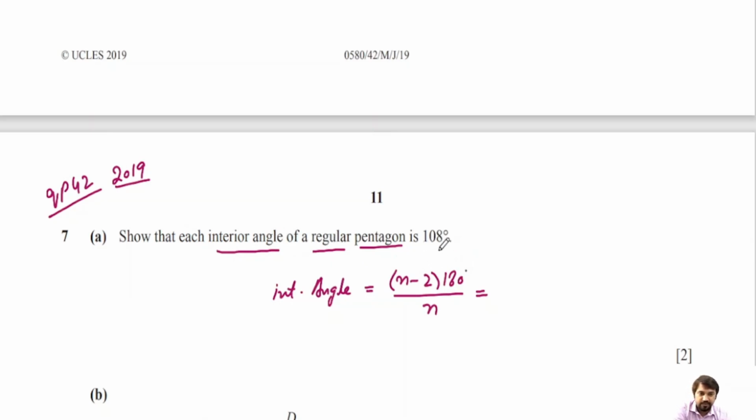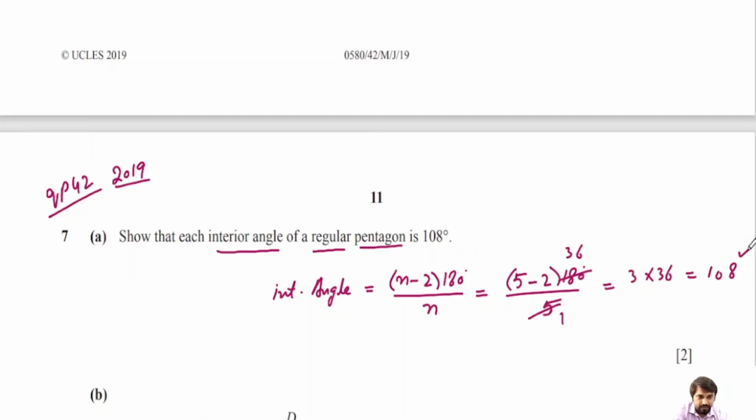Let's see if we get 108 degree or not. So n is 5. Pentagon, a 5-sided figure. 5 minus 2 into 180 divided by 5. So 3. First of all, cancel it. 5 one time and 5 3 time. 3 carry, 5 6 time. 3 into 36. Now multiply 3 6 times 18. 1 carry, 3 3 times 9 and 1 10.